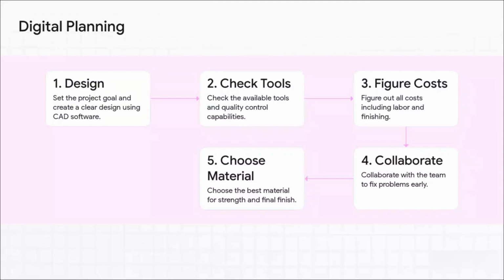That's done in what's called CAD, or computer-aided design software. From there, engineers figure out what tools they need, they calculate all the costs, and they work together to iron out any potential problems way ahead of time. It's only after all of that is done that they finally choose the material. This whole digital step is absolutely crucial because it catches mistakes before they become expensive, real-world problems.